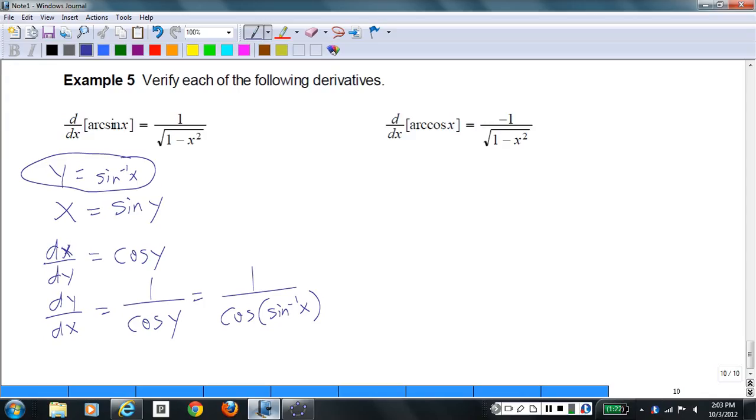So it's right triangle time. Off to the side, off in the margin somewhere, we let theta. We can actually do this with y, but sometimes we don't think of y as an angle. So I'm going to go with theta. Theta equal inverse sine of x, so the sine of theta equals x.